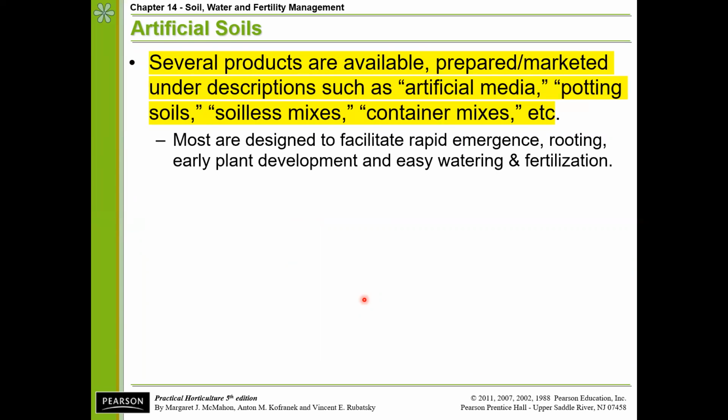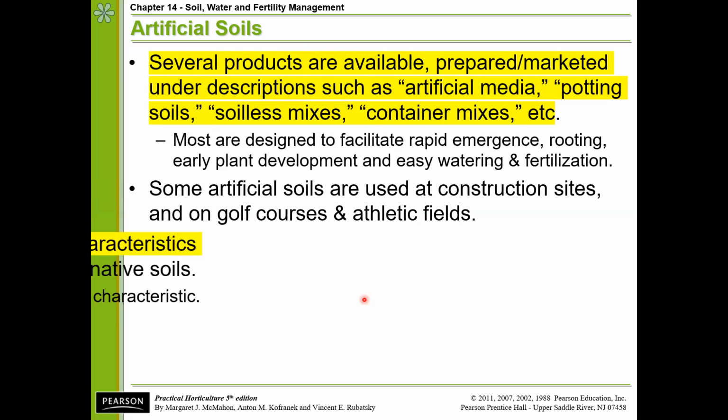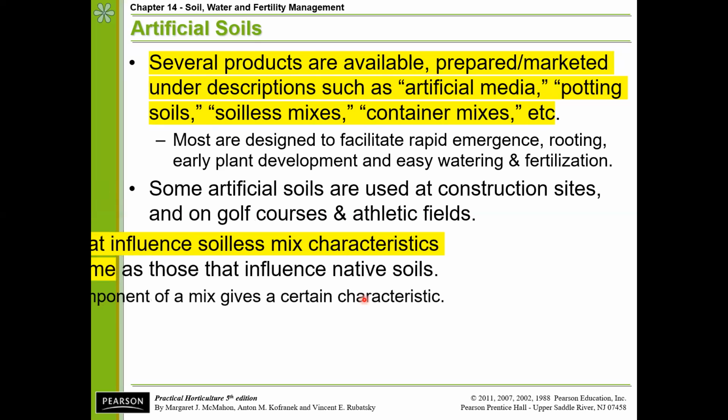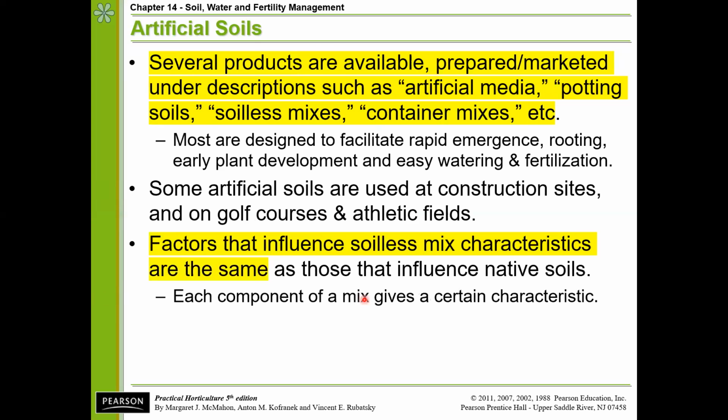Rather than conserving soil, let's think about almost making soil, and usually what we call media. In the case of growing in a greenhouse or any kind of controlled environment agriculture, this is what we're using. We're not using soil itself, we're using soilless mixes. And it still has all the same characteristics as a native soil.